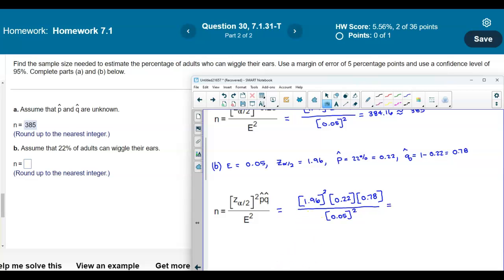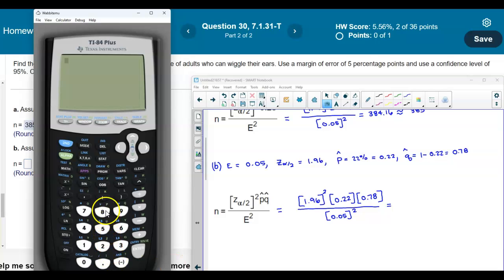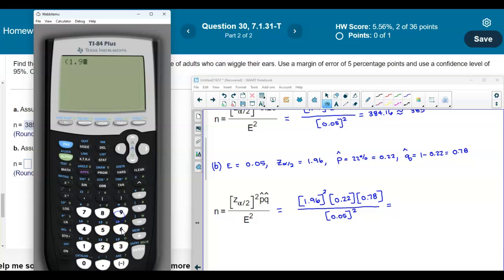So let's go ahead and do that in our calculator. We have parentheses 1.96, square that, times the point estimate of 0.22, and then times the complement of the point estimate, which is 0.78. If we enter, that's what we have in the numerator. And now we're going to divide that by the margin of error squared.